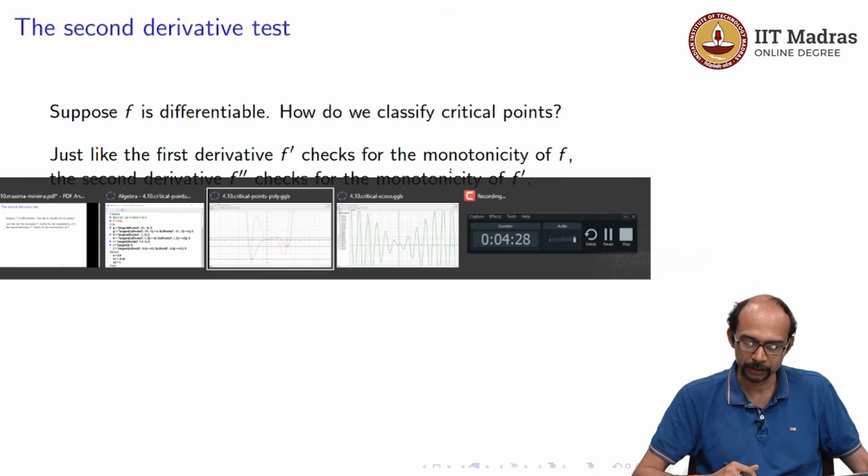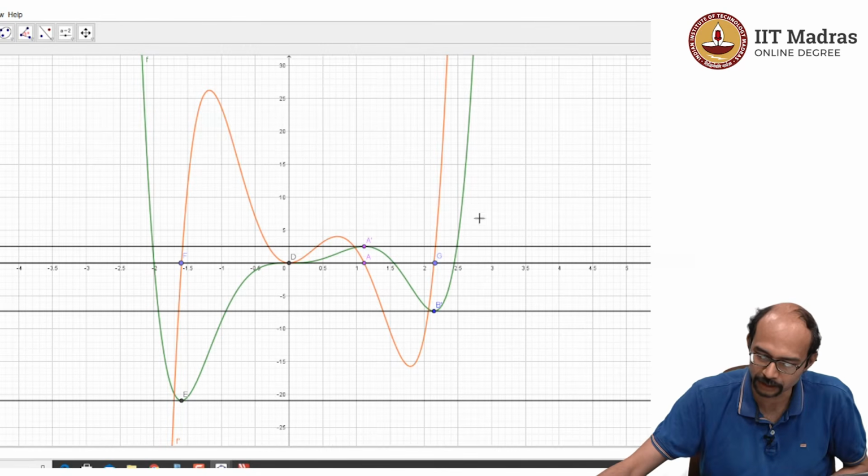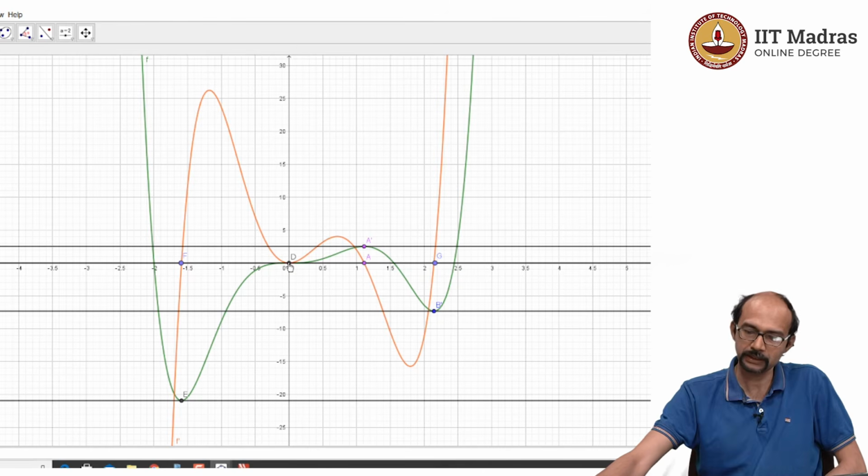So, let us go back to our picture. Here is our picture for f prime and you can see that for the point F, it is a 0 of this function f prime, but this function is very nicely increasing at F. And similarly for the point A, the function is 0 at that point A, but the function is decreasing at A, and similarly for the point G, the function is increasing at G, but for D this function is behaving in a totally different way.